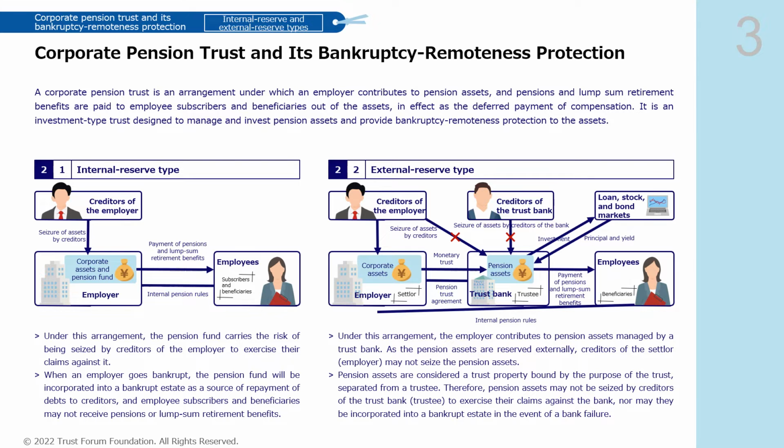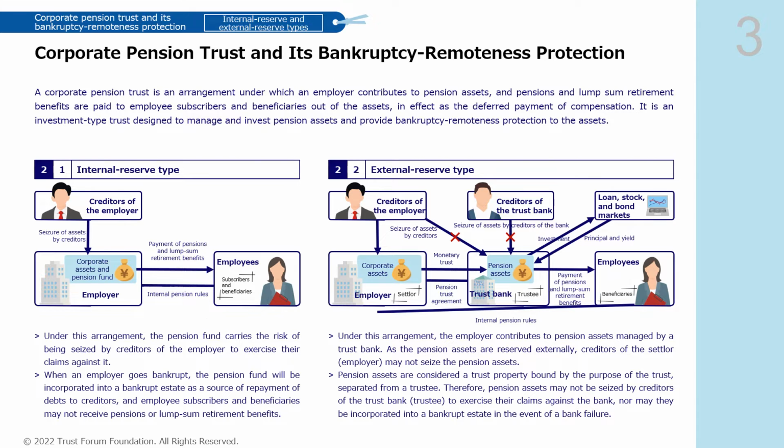In this third-party beneficial trust, the employer pools its pension assets externally. The pension assets constitute trust property legally owned by the trust bank, not by the employer, and are managed, invested, and disposed of solely by the bank. In a corporate pension trust, pension assets are separated from the employer's corporate assets.